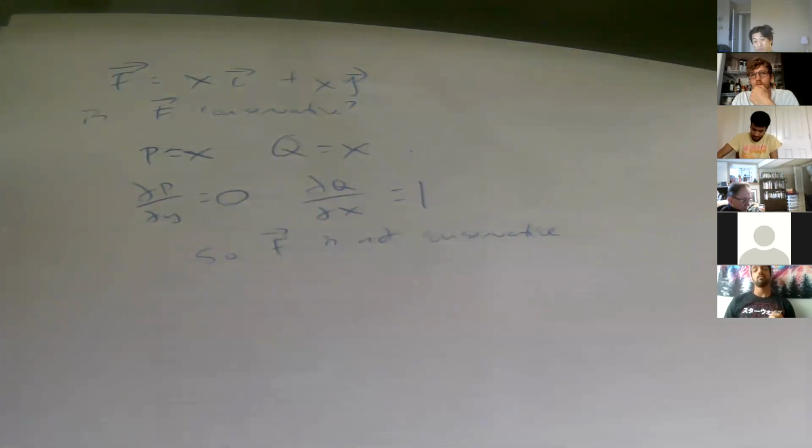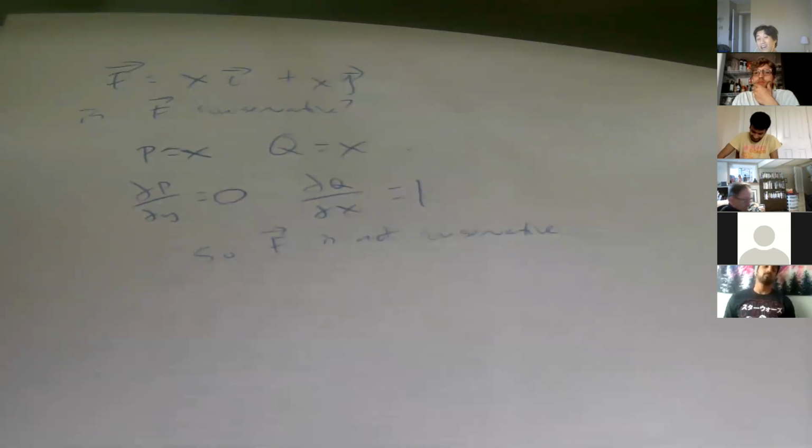I have to check every single possible path, which is much harder than just checking two derivatives. So that's a very reasonable point, but from a practical standpoint, I'd like to be able to check two simple derivatives. From the way I pose this question, the answer is probably no.